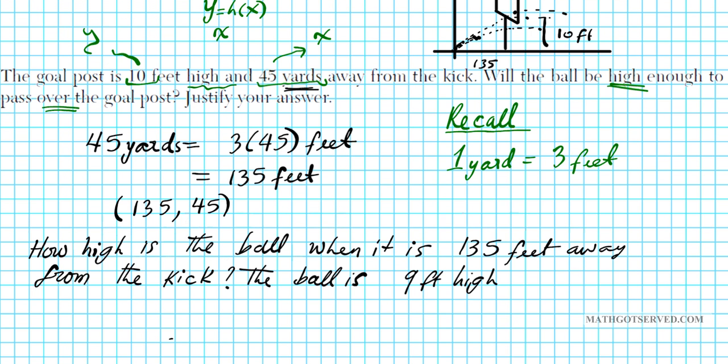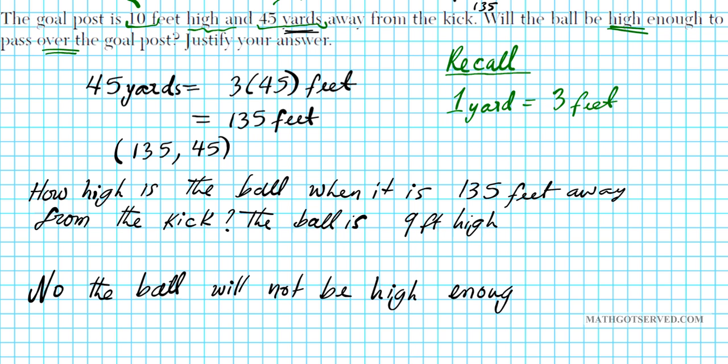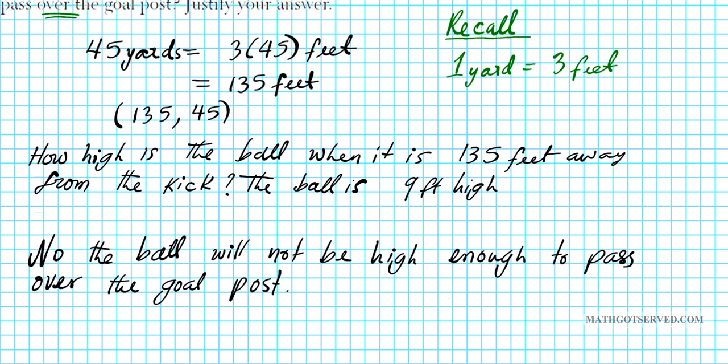It says, will the ball be high enough to pass over the goalpost? The answer is no. The ball will not be high enough to pass over the goalpost. All right, so this is your answer. This is not the justification.